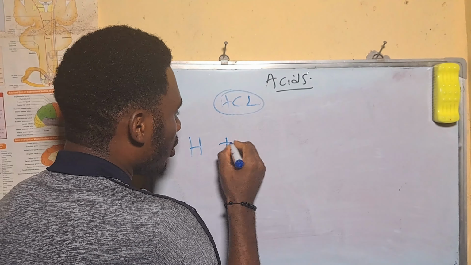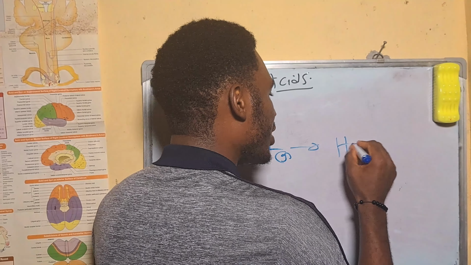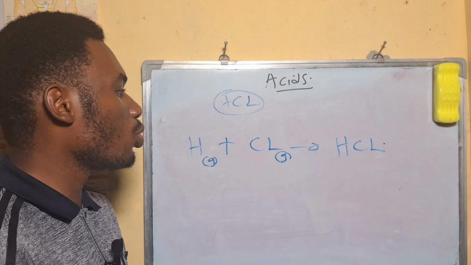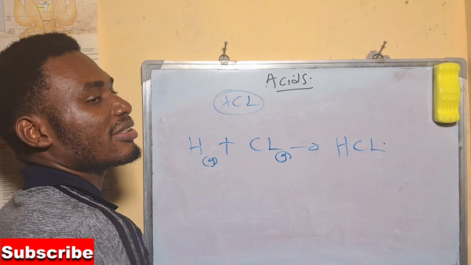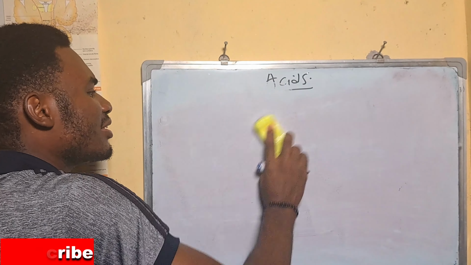Once you combine hydrogen with chlorine, you form HCl. So another way of forming acid in the lab is combining the major constituents of that acid. When you combine hydrogen with chlorine, you form hydrochloric acid.